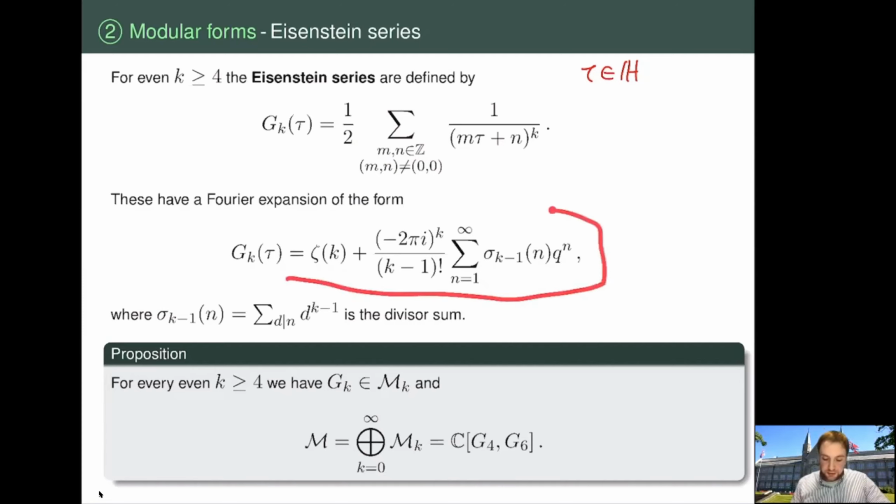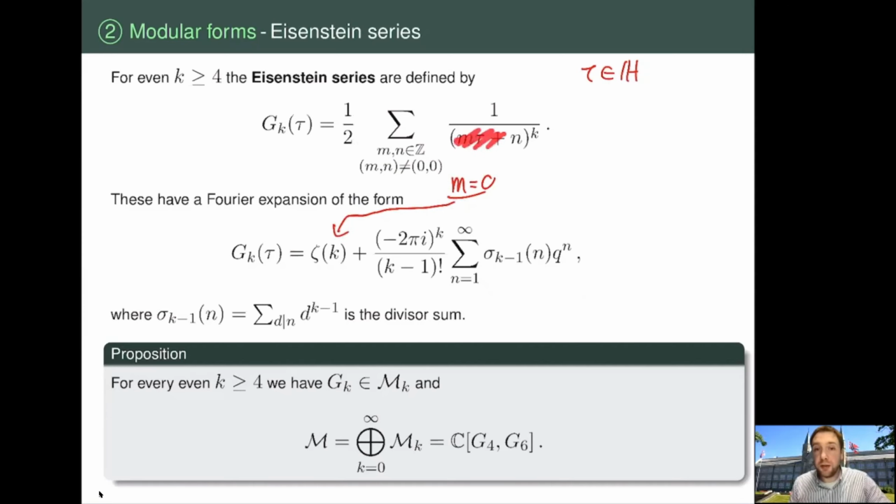Then one can show that the Fourier expansion of this Eisenstein series is given like this. For example, for the case m equals 0, we get exactly this term here, because we just have the sum over all non-zero n, so we have twice the Riemann zeta value, and because of this factor 1/2, we get zeta(k).